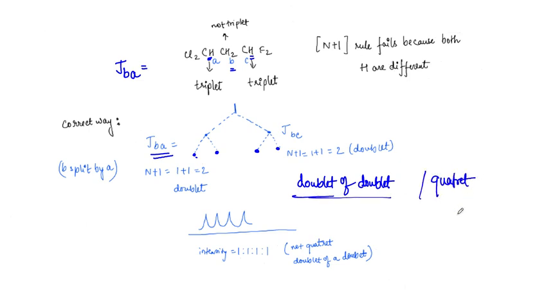A quartet is going to have a 1:2:2:1 intensity ratio, and the doublet of a doublet is going to have equal intensity for all of these peaks. You are going to get a doublet of a doublet when we have different protons in different environments. So the B protons are split into a doublet by this one and into a doublet by this one, and this is going to be the signal.